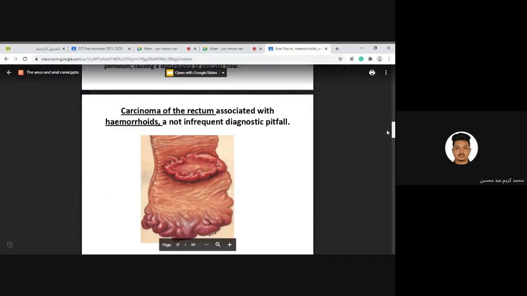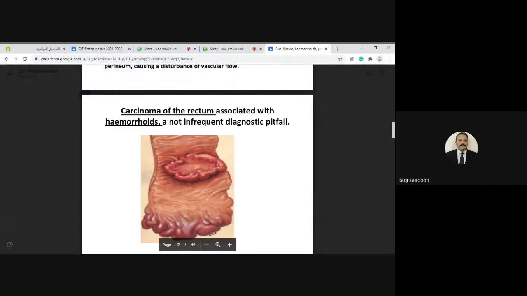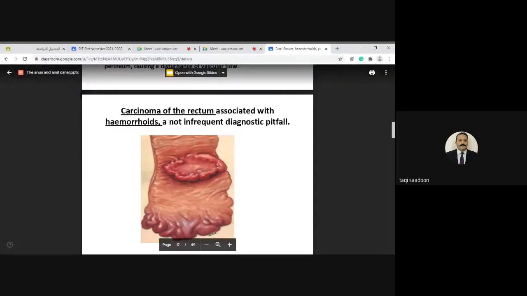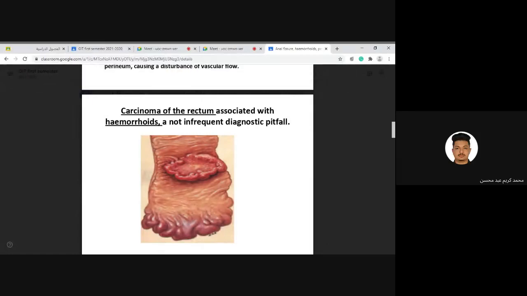Would you accept to remove only the hemorrhoid and leave the rectal tumor? No, doctor, that can't be. Okay. So what must you do? You do a per rectal examination. By per rectal examination you introduce your finger and you will palpate this rectal tumor as a mass or as an ulcer.